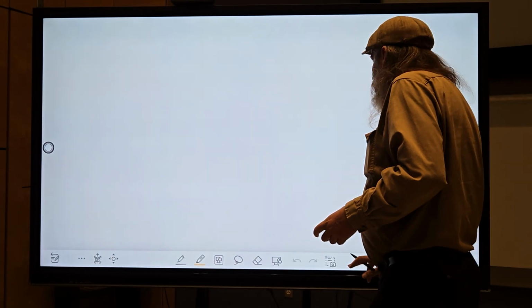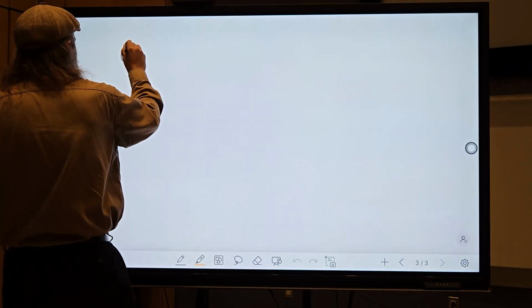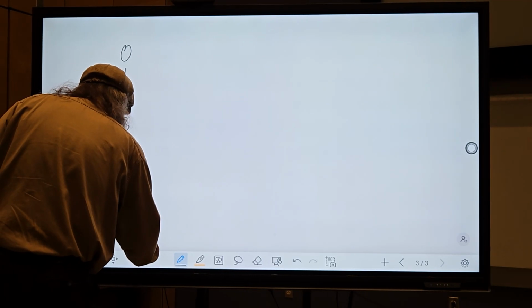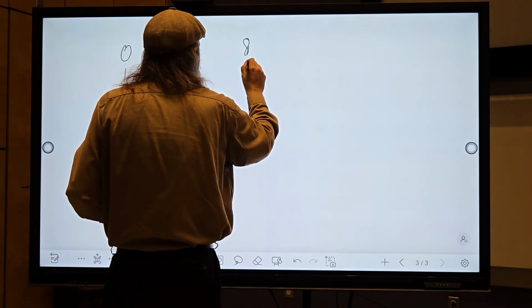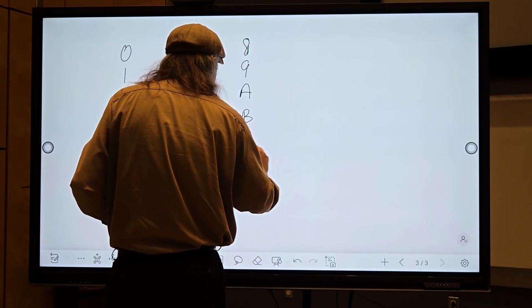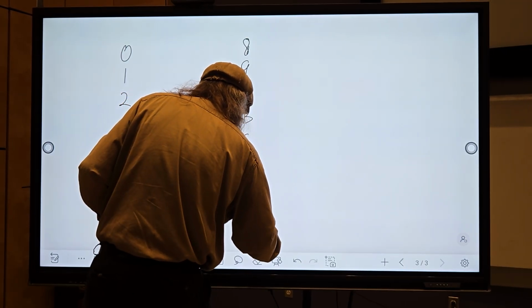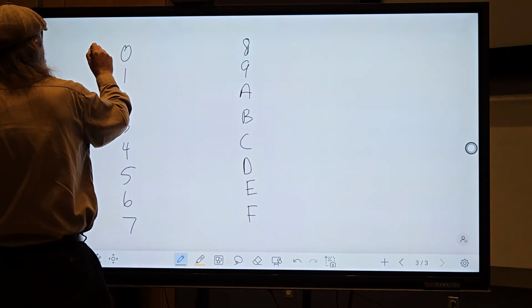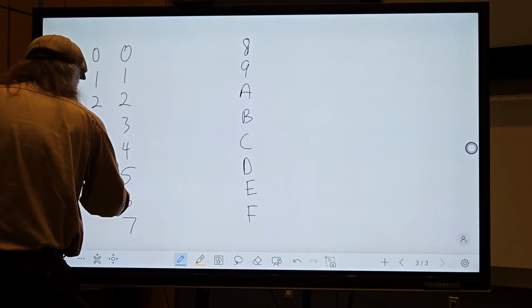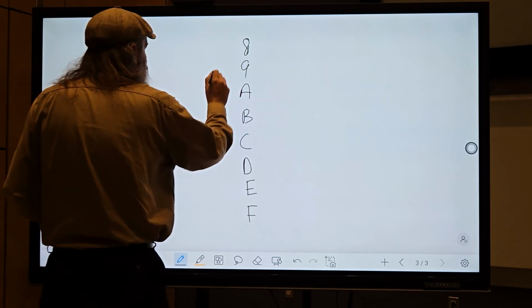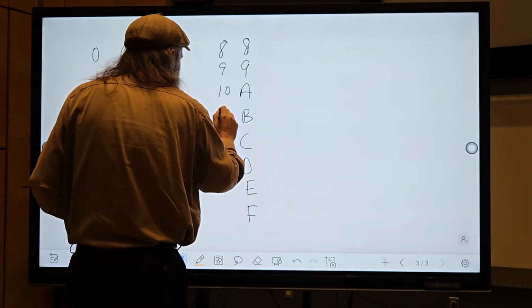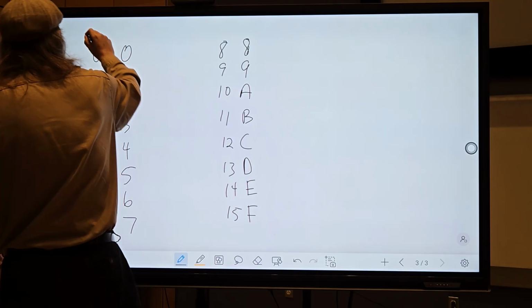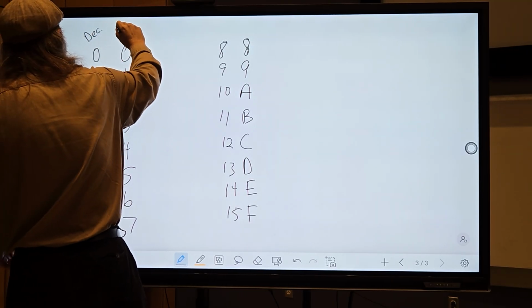Well, hexadecimal, let's go ahead and write this out here. 0, 1, 2, 3, 4, 5, 6, 7, 8, 9, A, B, C, D, E, and F. Now those correspond to 0, 1, 2, 3, 4, 5, 6, 7, 8, 9, 10, 11, 12, 13, 14, and 15 in decimal. And this is hex.